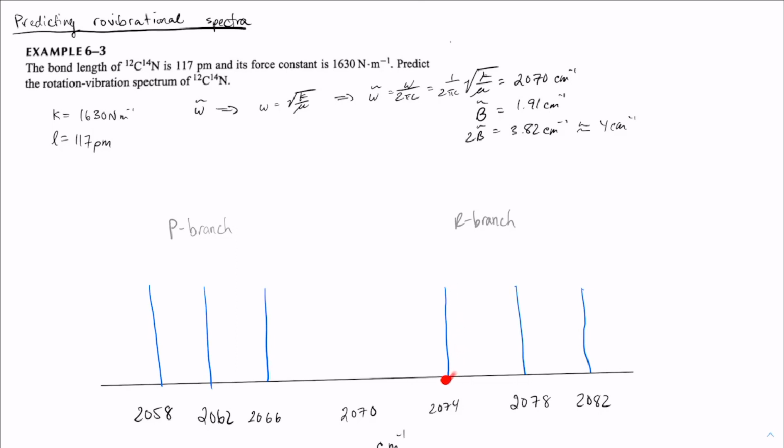But we do know where the positions line up, and there are, in principle, more and more of these going off to each side. Okay, so that is how you can predict what the rovibrational spectra looks like, just based on molecular parameters like the bond distance and the force constant.